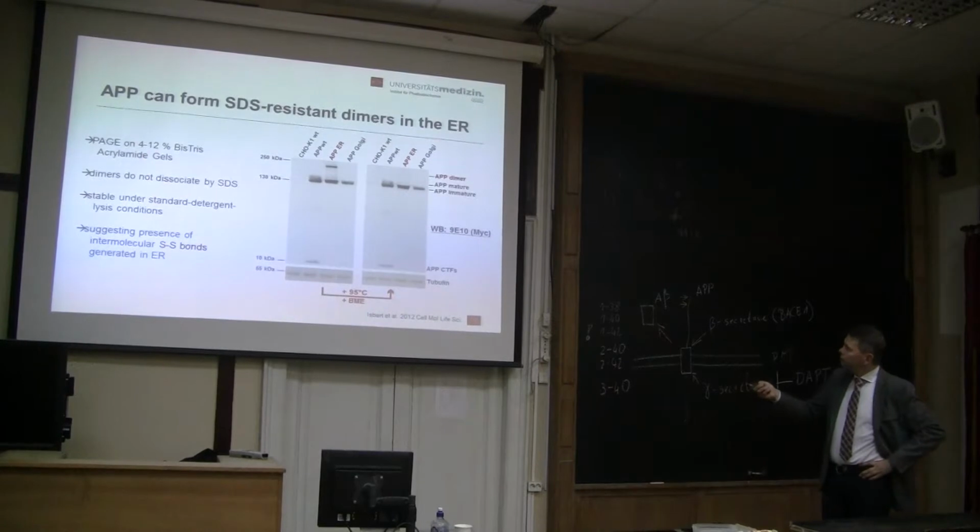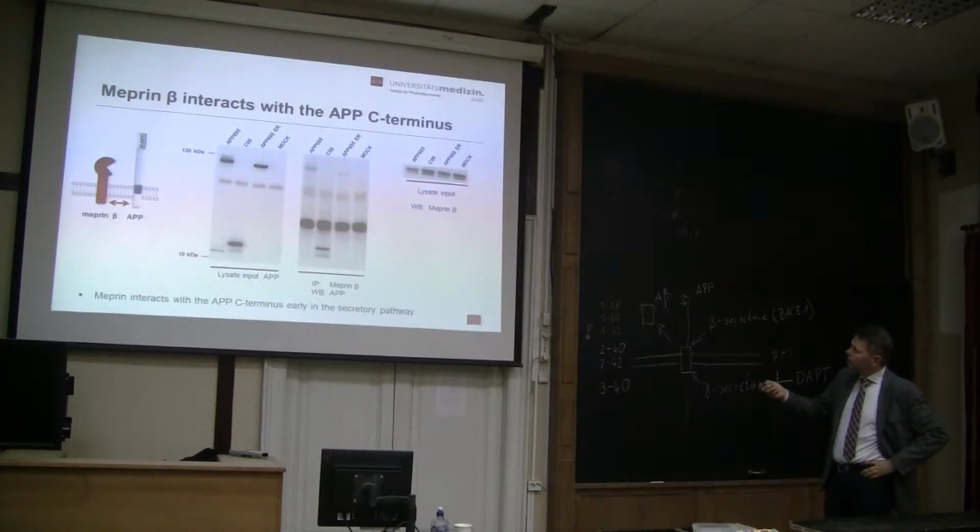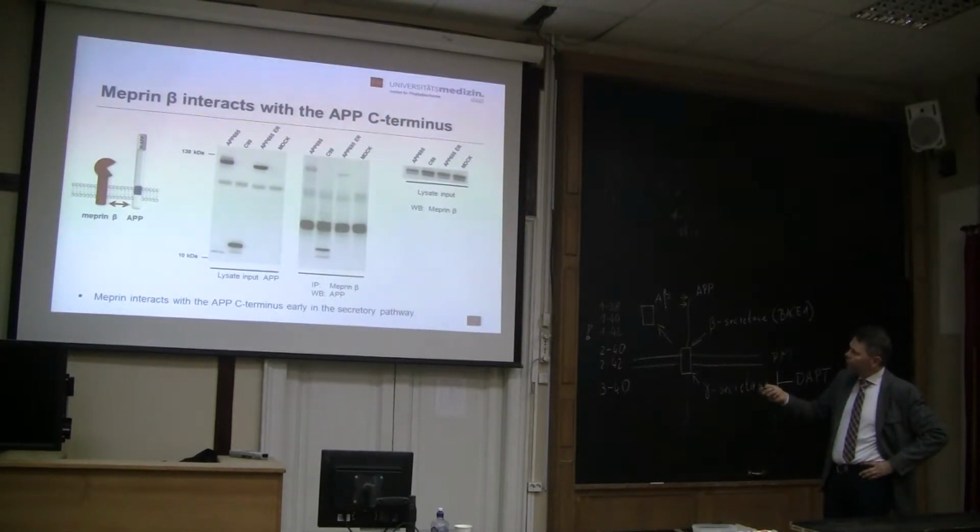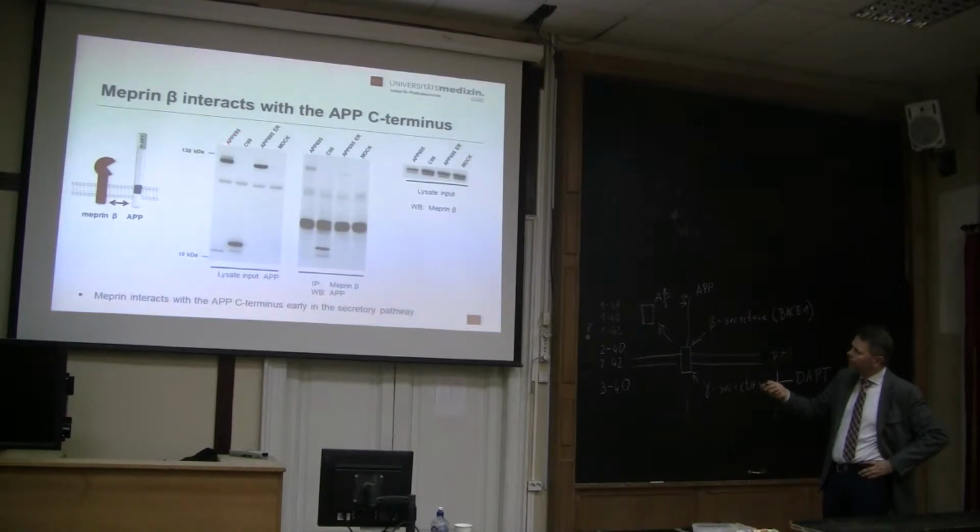So this here now is the co-immunoprecipitation again, with all these constructs: APP, C99, so only the C-terminal part here, APP retained in the ER, or a control where nothing is transfected.